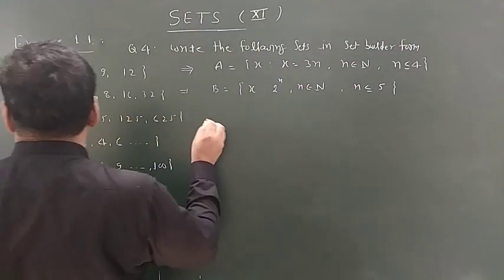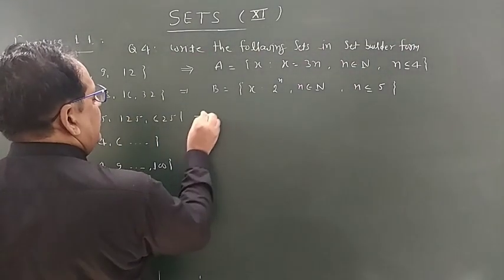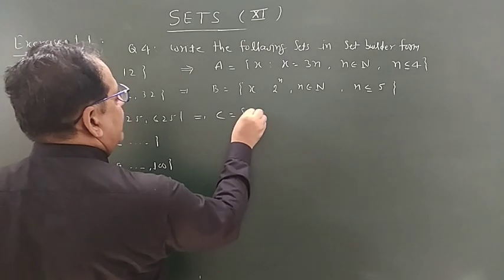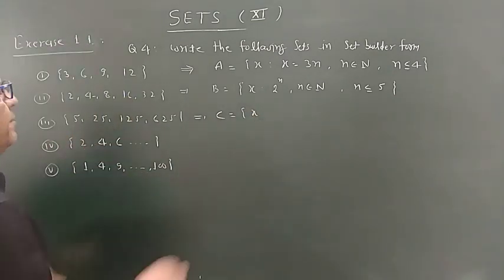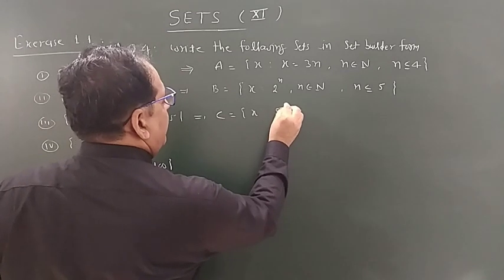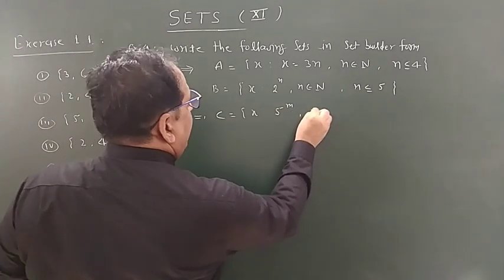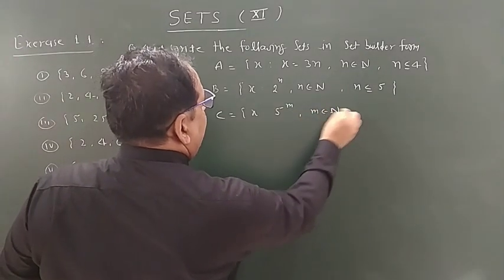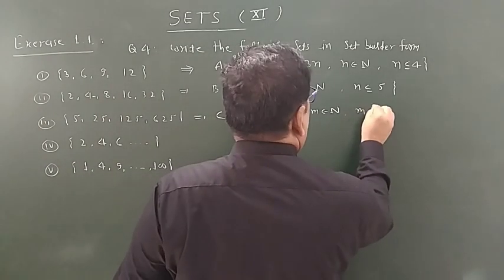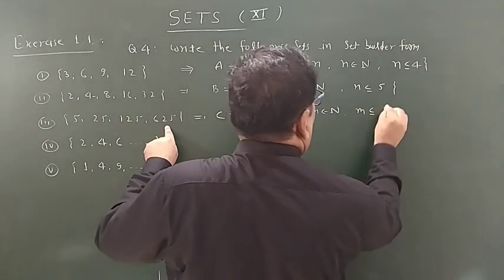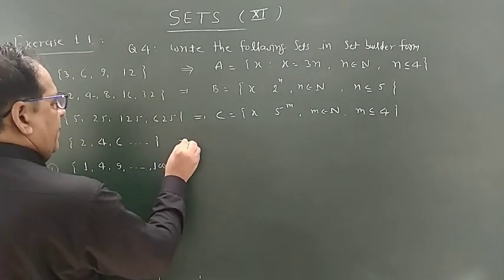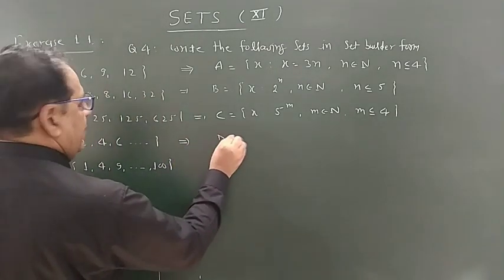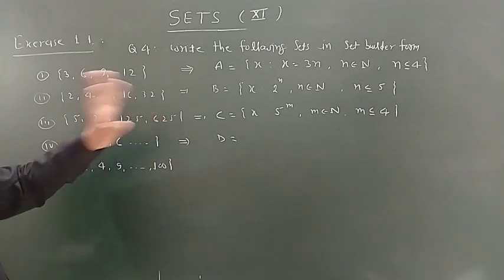Similarly, in the next example, we indicate by set C equal to x. Again, these are the exponential powers of 5. So we have 5 to the power m, m is a natural number and m less than or equal to 4. Next, D: 2, 4, 6 and so on.